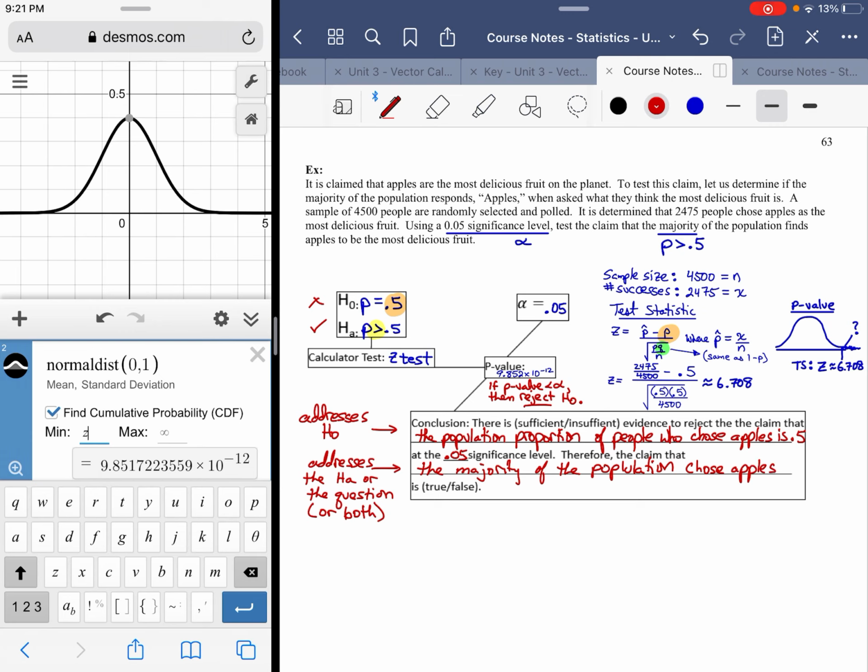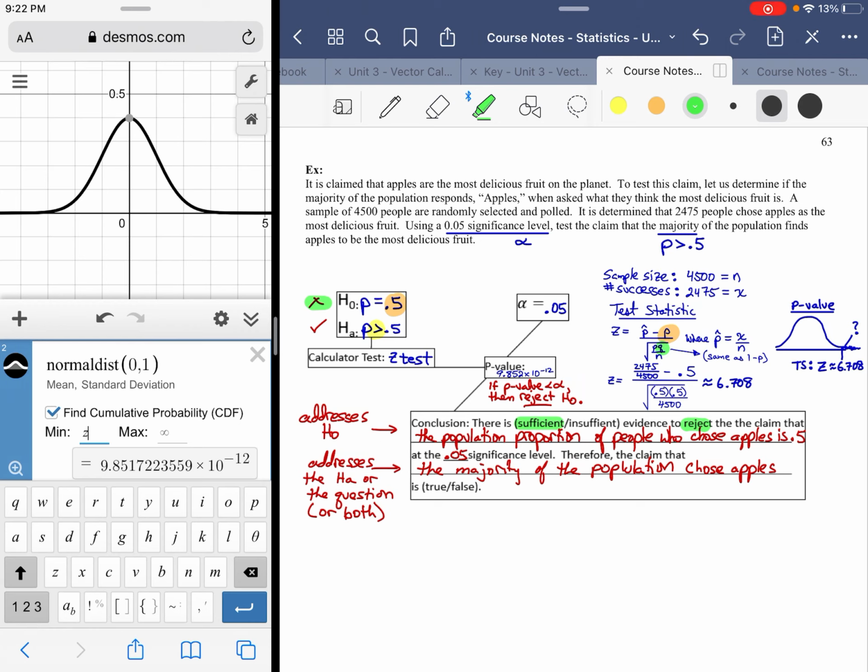True or false? Well, we have to make two decisions here. Are we talking about sufficient evidence or insufficient evidence? It's a question of whether or not we're rejecting the null. This first sentence is the null hypothesis. Yes, we are rejecting the null. That means that there was sufficient evidence to make that rejection.